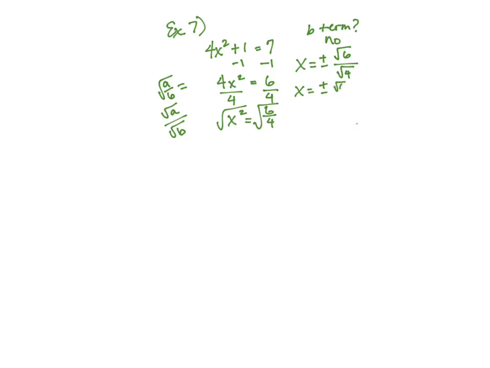Plus or minus the square root of 6 over 2 would be our final answer there. Because I square rooted a quotient, the 6 over 4, I could do the square root of the top divided by the square root of the bottom. And I do know that the square root of the bottom right there is 2. That's kind of the benefit of writing it that way. Otherwise, you have to rationalize the denominator, which is also an option.